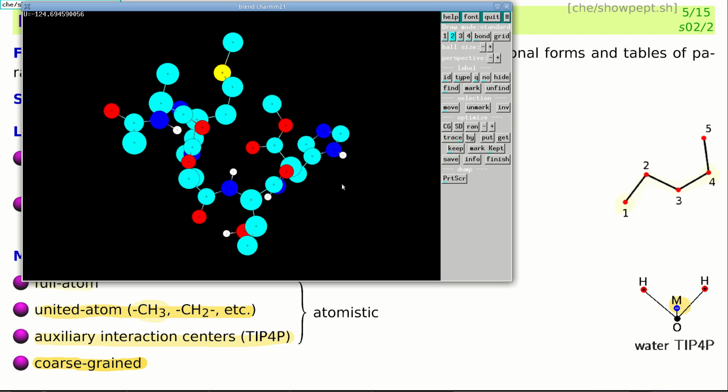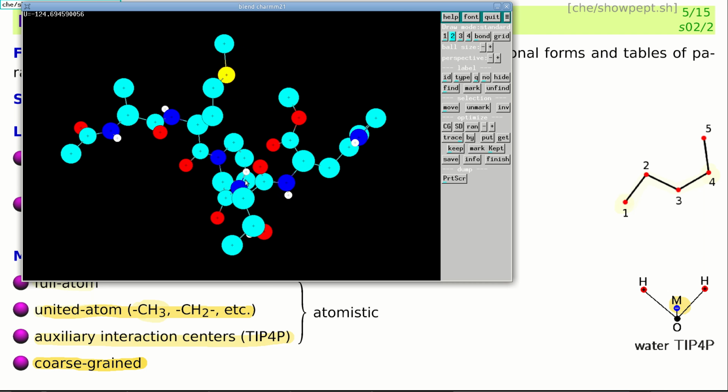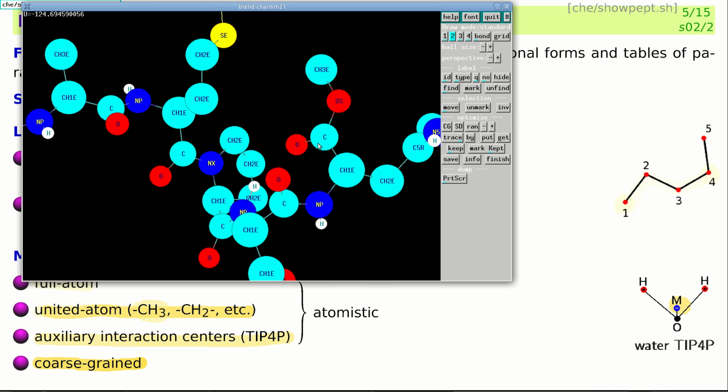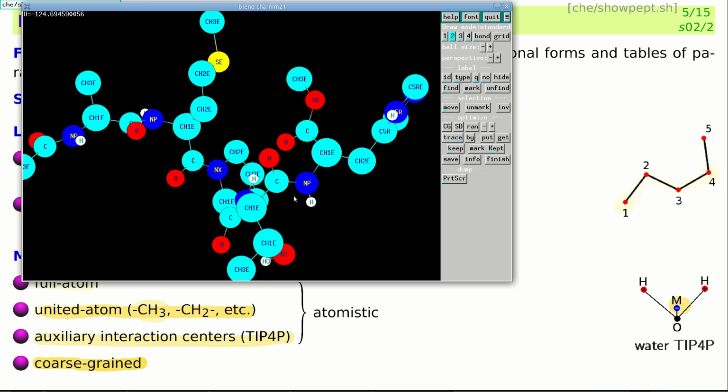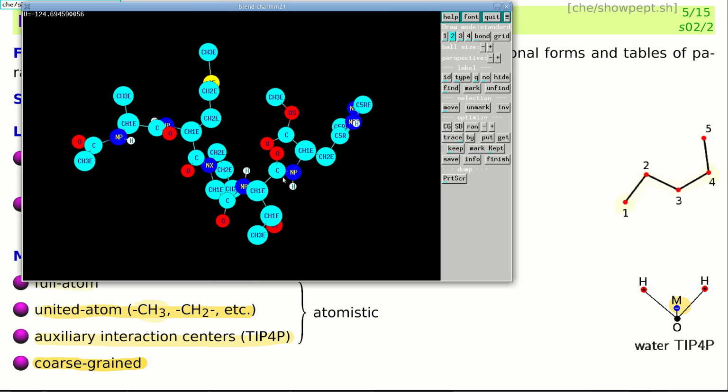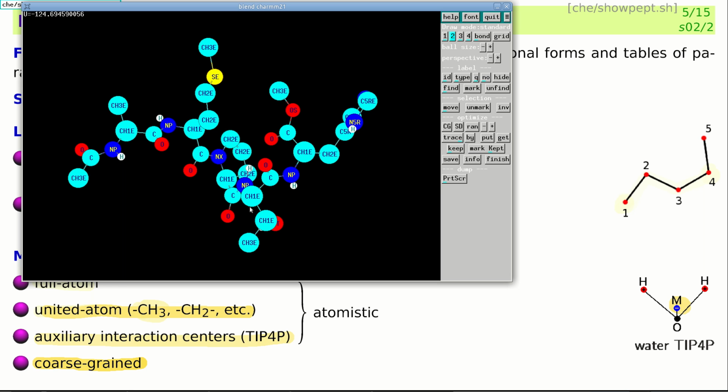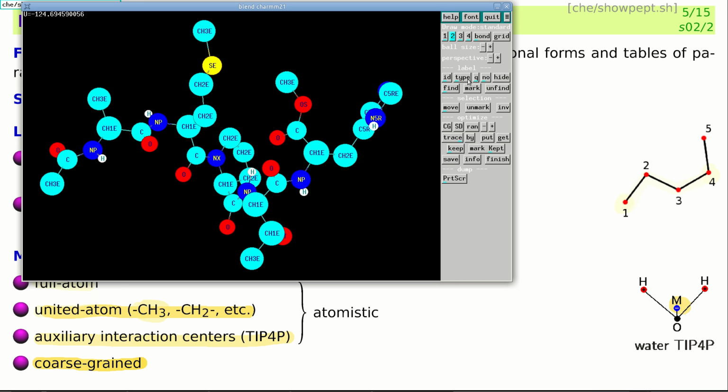And this is the same peptide, however, in a simplified united atom model. If I show atom types here, I have here a methyl as one ball, one atom. It is quite cheaper to use this model, but it is also less precise.